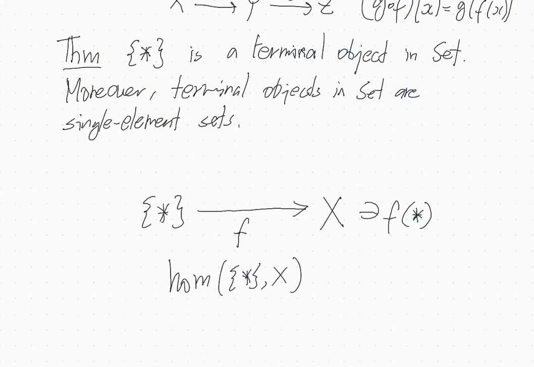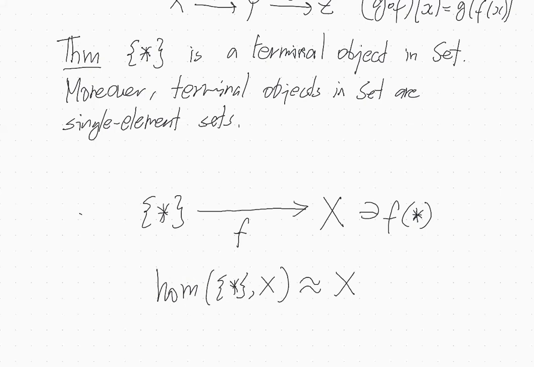It's quite a fascinating bijection, this one, because this thing is a set that is accessible in the language of a category, where this set is not accessible as a set in the language of a category, because in the language of a category, X is just an object.